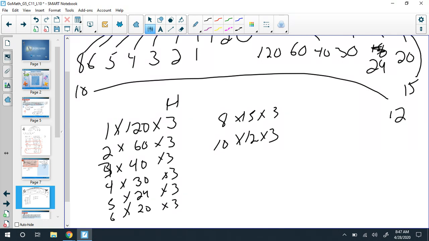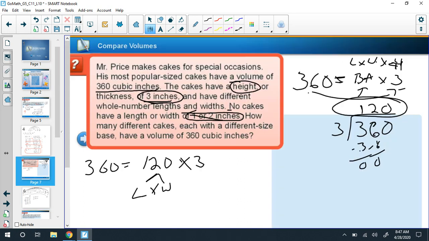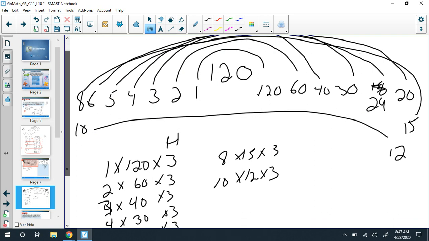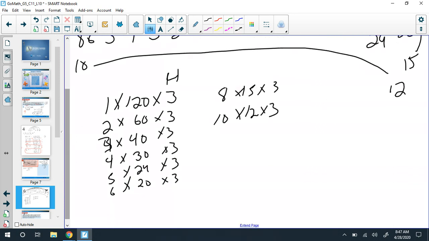So let's go back and make sure that we've got everything correct here, right? So cakes have a height of 3 inches. I made sure to take care of that. I have whole number lengths. I don't have any fractions or decimals. And then it says no cakes have a length or width of 1 or 2 inches, which means that I have 2 cakes on my list here that don't qualify, right? Because this one has a length of 1 inch and this one has a length of 2.